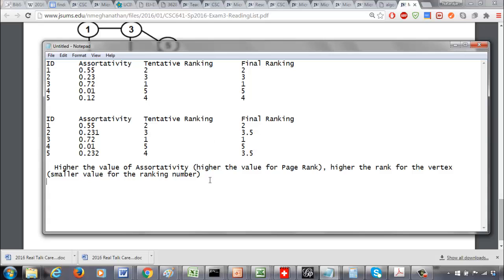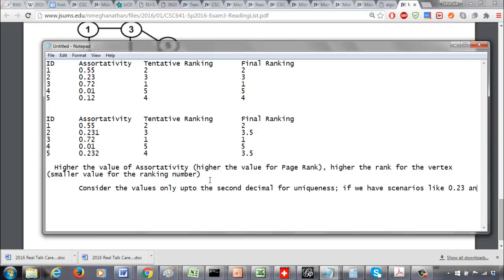Okay, so I'll again write it here. So consider the values only up to the second decimal for uniqueness. If we have a scenario like 0.23 and 0.24, then we can say the values are unique.